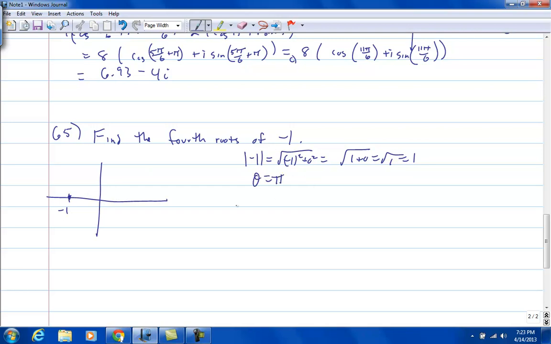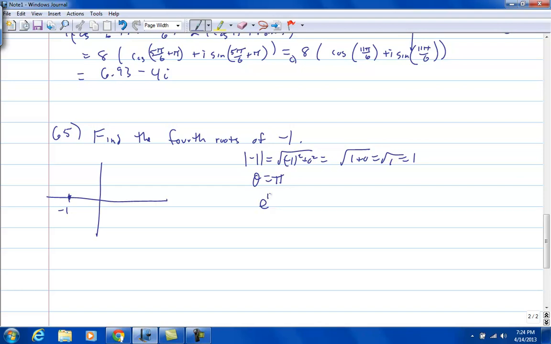So if we put this in the Euler's format, it'd be e to the, make sure I get this notation right, I think it's e to the pi I. Yeah.